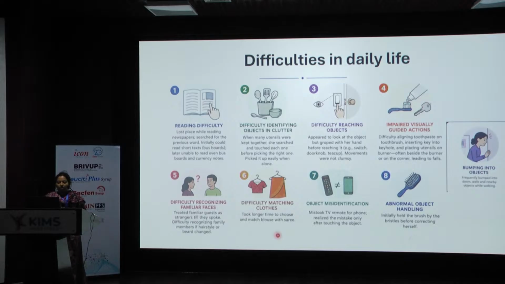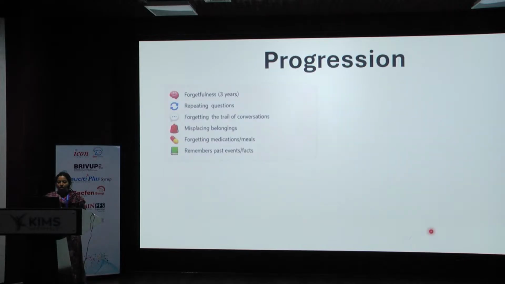And difficulty matching clothes could be a color perception defect. And object misidentification could be object agnosia, and bumping into objects, again simultanagnosia. So from this, the patient has higher order visual dysfunction, with both the dorsal and the ventral streams being affected.